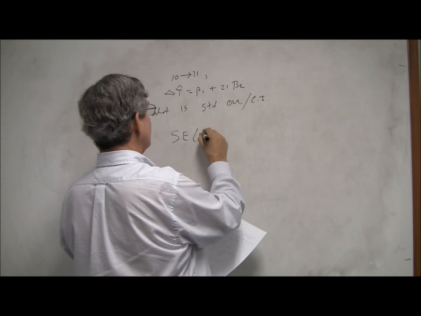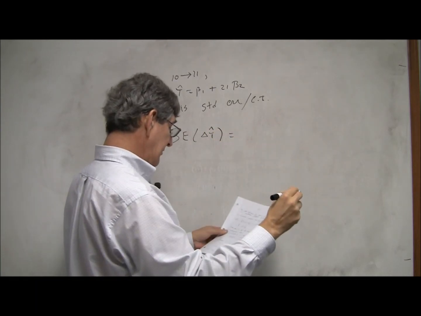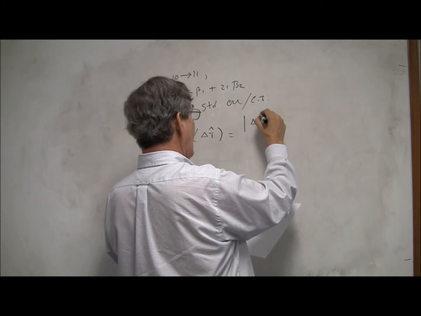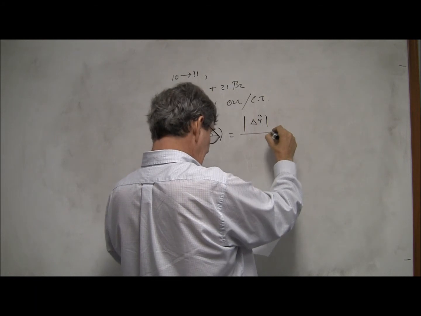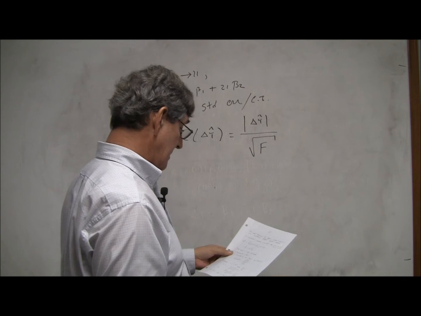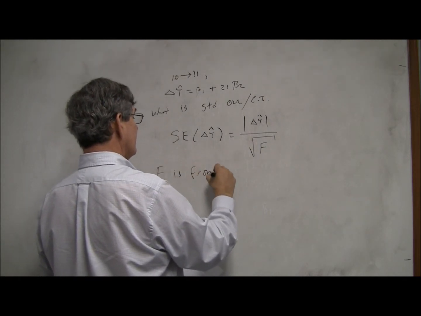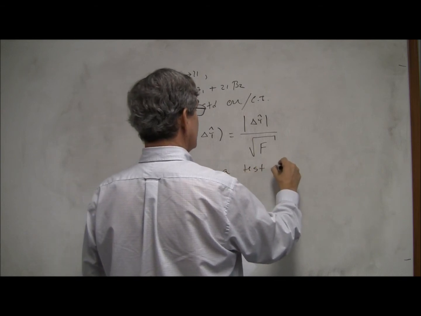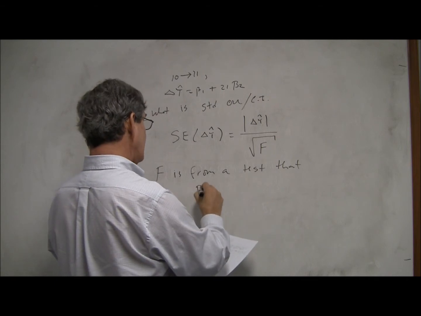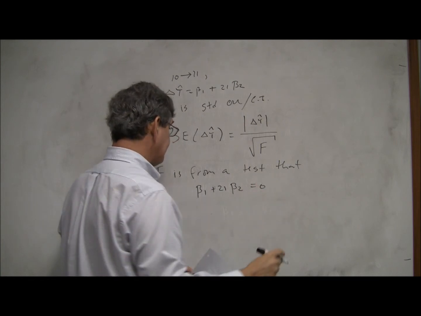The standard error of the change in y hat turns out to be the absolute value of the change in y hat divided by the square root of F, where the F is from a test, the kind of test we learned in the last chapter, that beta 1 plus 21 beta 2 equals 0.